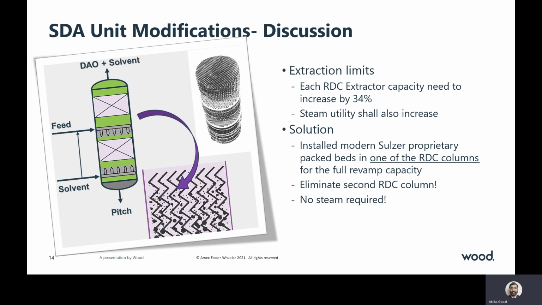Extraction limits. Each RDC extractor capacity needs to increase by 34%. Steam utility shall also increase. Now what is the solution? Installed modern Sulzer proprietary packed beds in one of the RDC columns for the full revamp capacity.